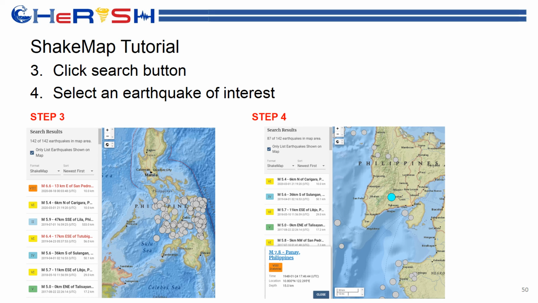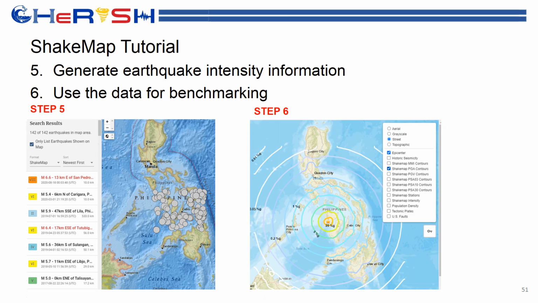So you may want to determine how much ground intensity my building experienced during this earthquake in 1948. You then click that earthquake event, and it will show you this, which allows you to select the information that you want to get.